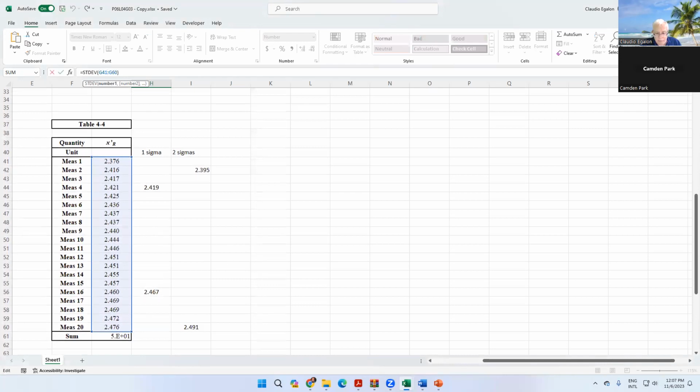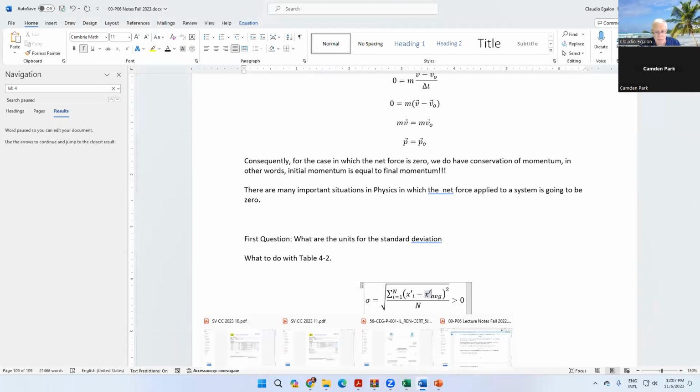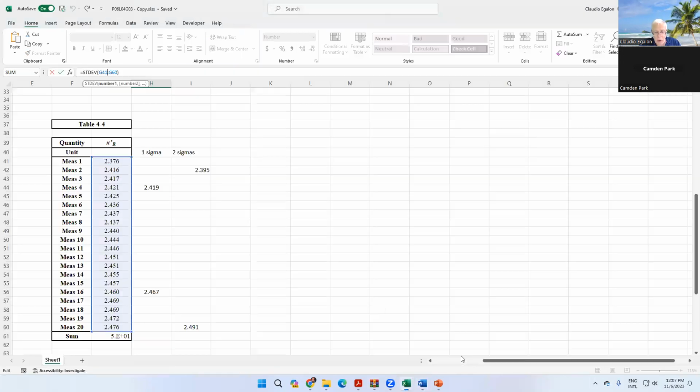Okay. And if you do the formula correctly, it's going to be something like that. X prime minus x prime average, squared. So it's going to be each one of those. You take the average of all those things.